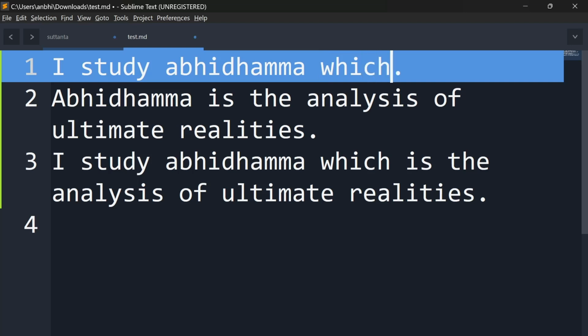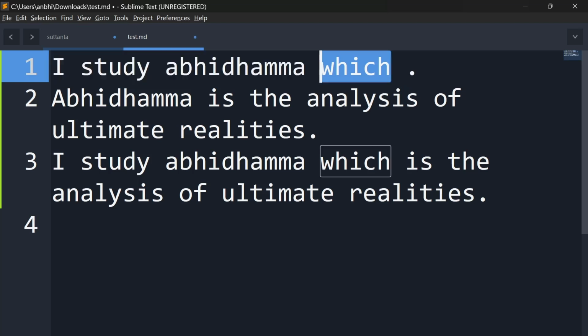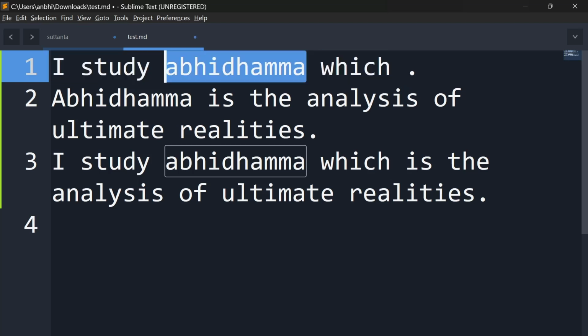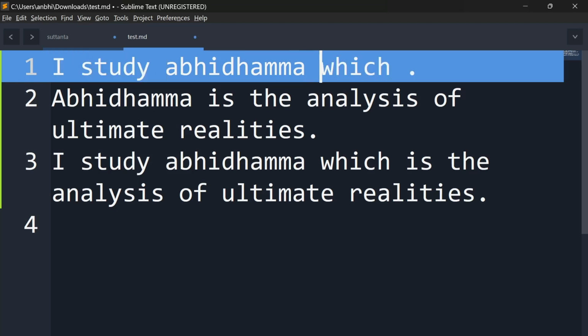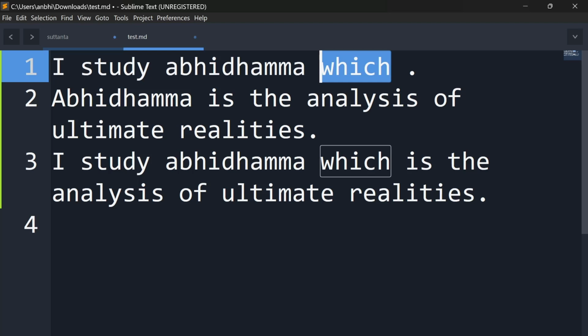We're going to discuss all the pronouns that come. But in this case, we can use which for things that are not people. Okay? So I study Abhidhamma, which. Now, which just means Abhidhamma. It's just a pronoun like I, you, he, she, it, for example. But it's referring to Abhidhamma.